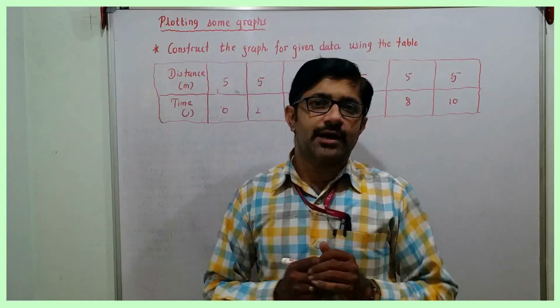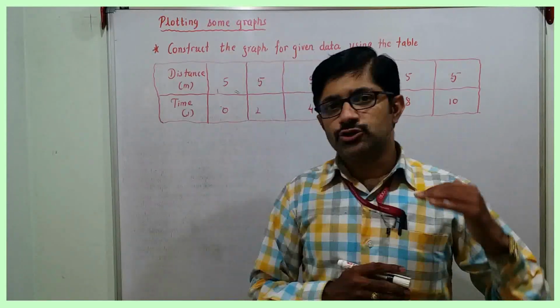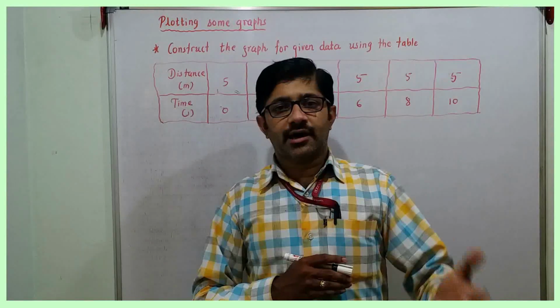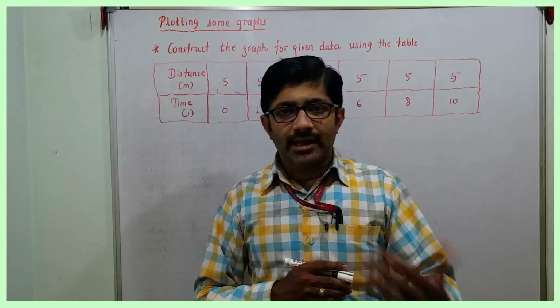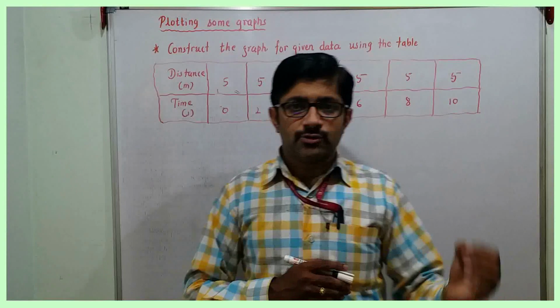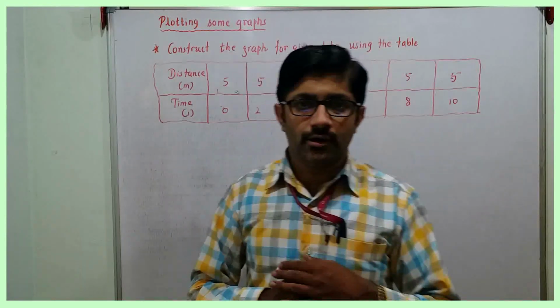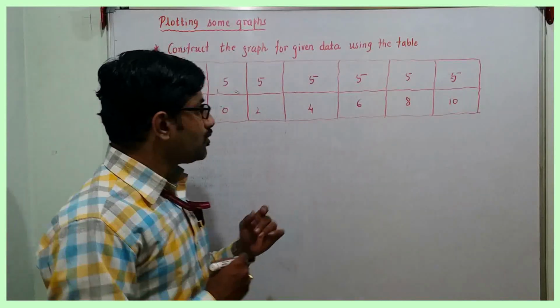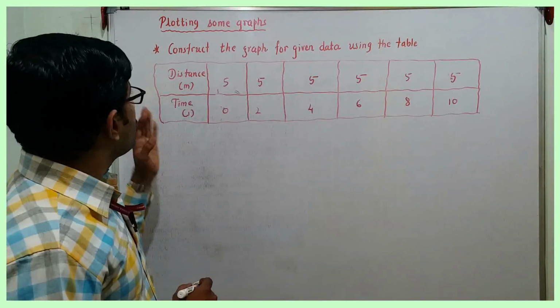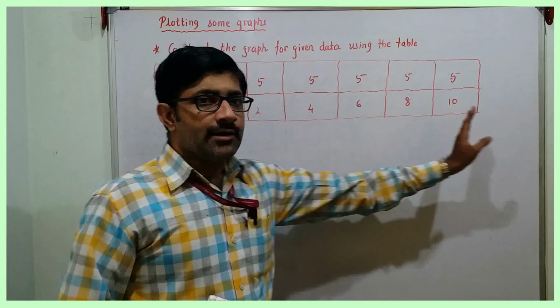Remember, it's my suggestion that you should plot this graph, or any graph whichever I am giving, in the graph sheet only. So let us try to draw the graph for the given data.